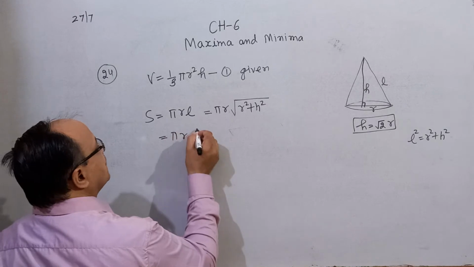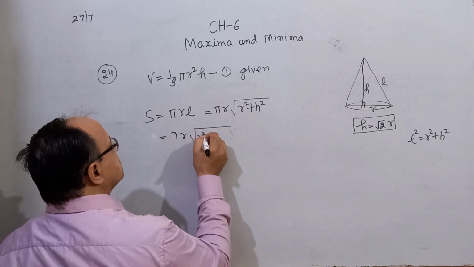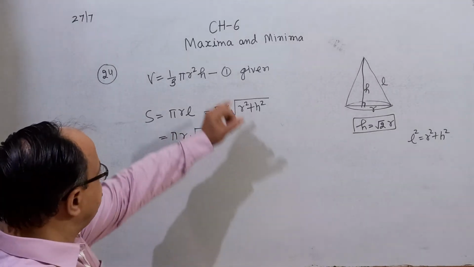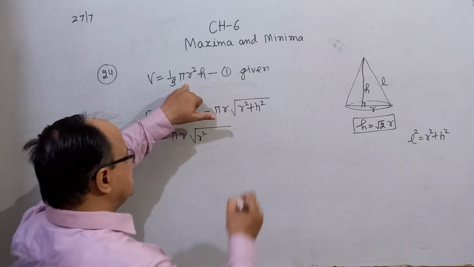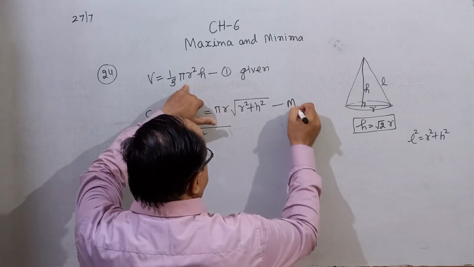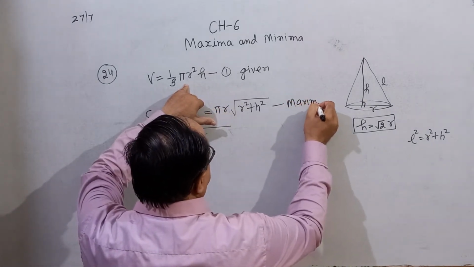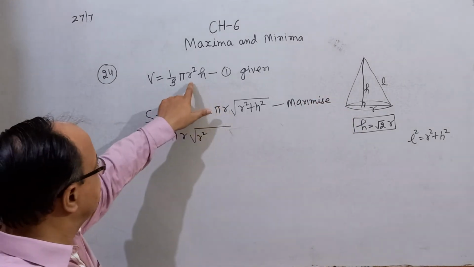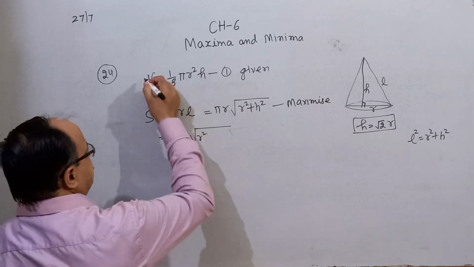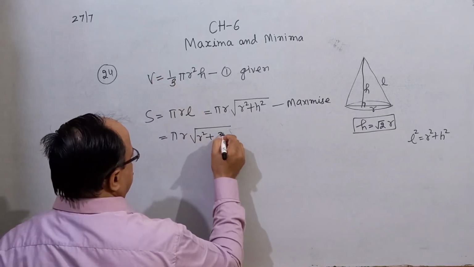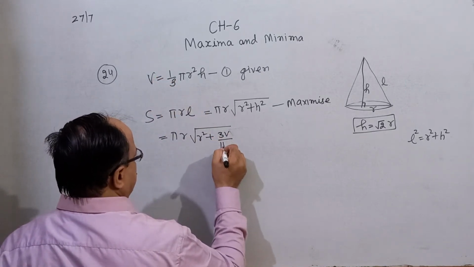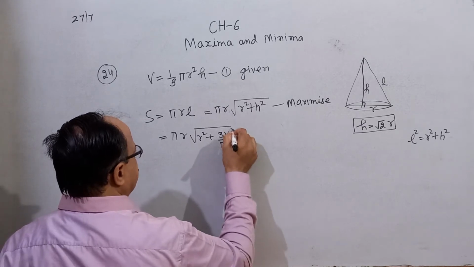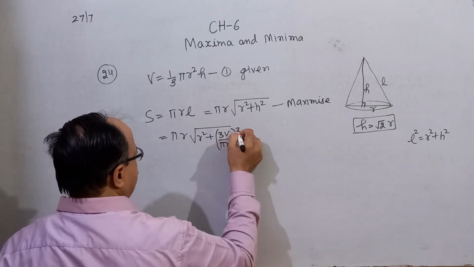So it is pi R times root of R square plus H square. Now put the value of H from here. What is the value of H? Remember that 3V upon pi r square. This is the value of H.